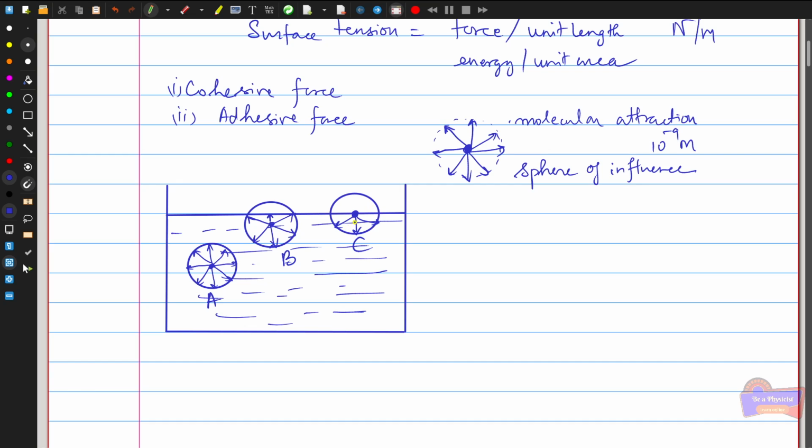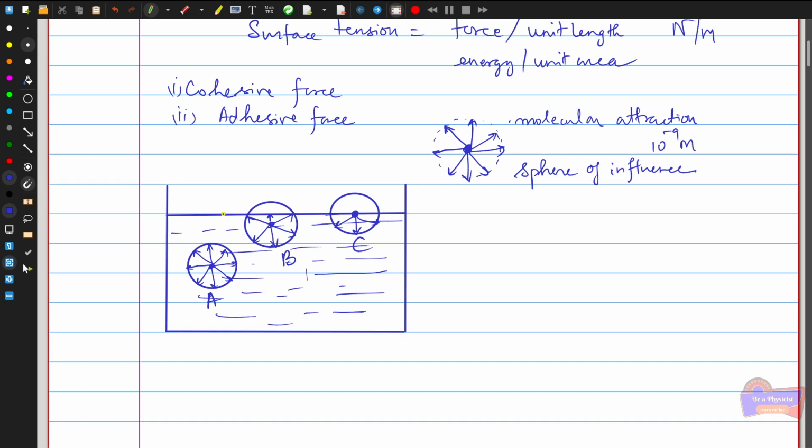The magnitude of the force depends upon the distance of the molecule from the free surface. This behavior of the film is different from the rest of the liquid inside the water. Therefore, this thin film behaves like a film under tension, and this phenomenon is known as surface tension.